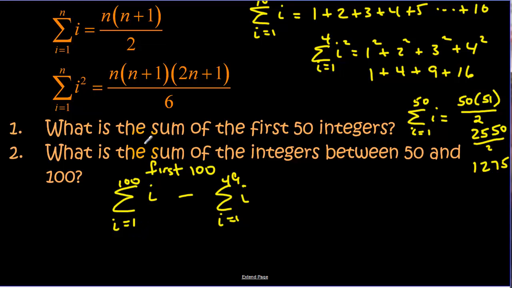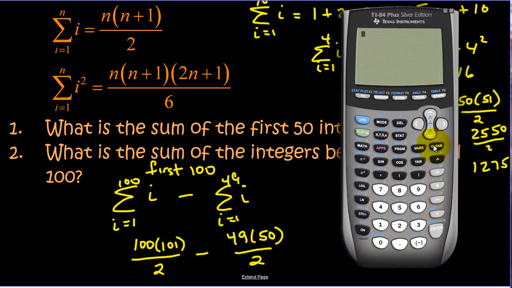So here, using our formula up here, we've got 100 times 101 divided by 2. And from that we're going to subtract 49 times 50 over 2. So let's calculate that. We've got 100 times 101 divided by 2, and from that we need to subtract this quantity here, 49 times 50 divided by 2.